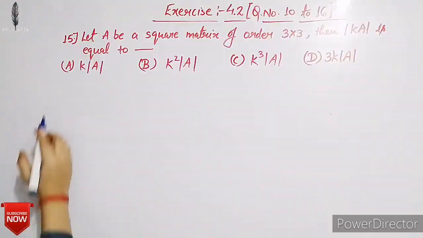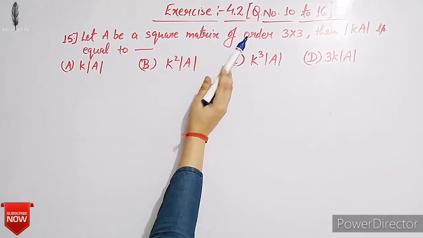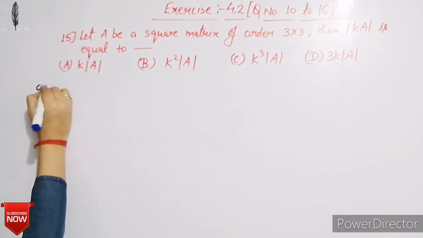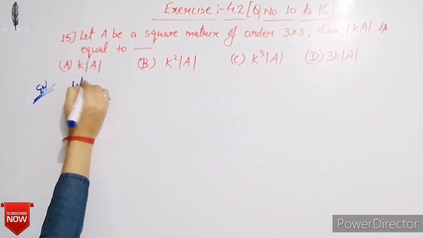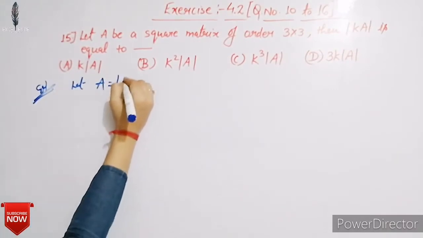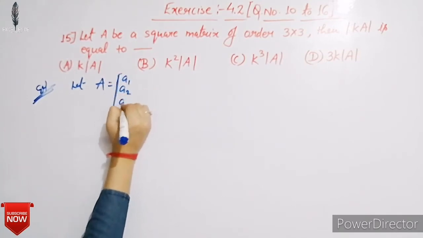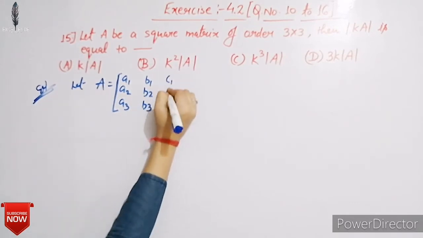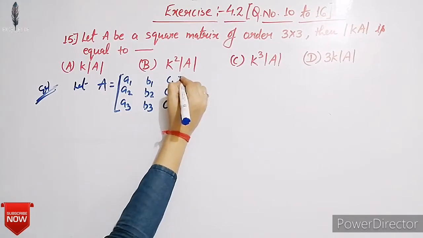Okay. Let's see the next question number 15. Let A be a square matrix of order 3 by 3, then determinant of KA is equal to... Let matrix A be equal to A1, A2, A3 in the first column, B1, B2, B3 in the second column, and the third column is C1, C2, C3.